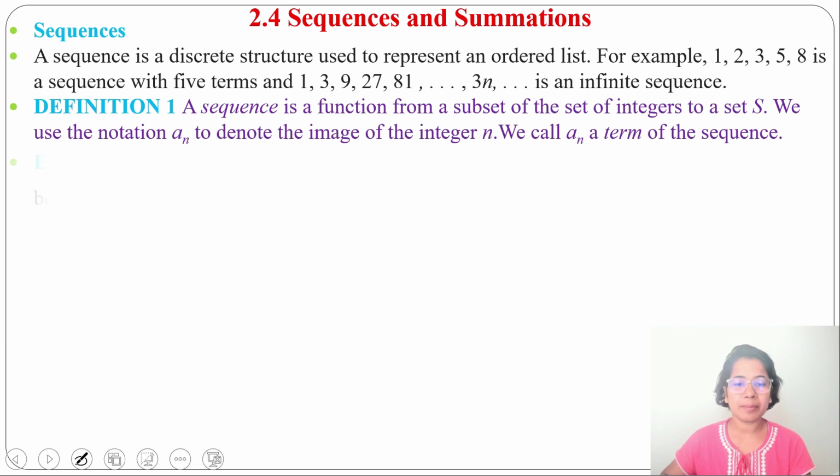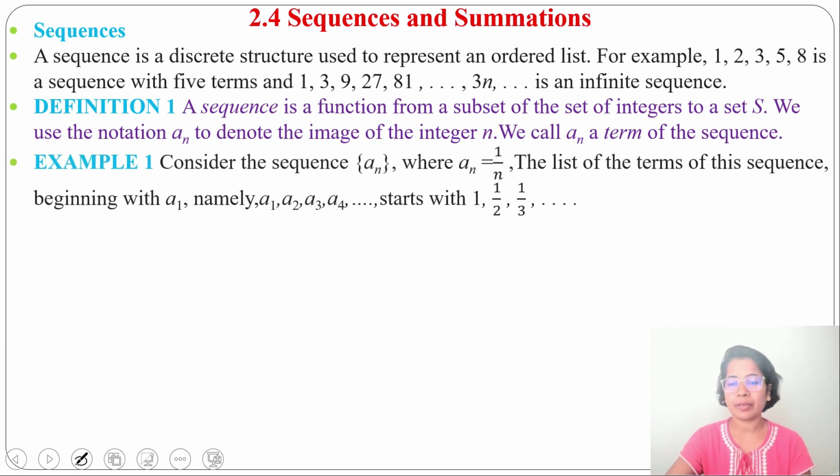Let's see one example of a sequence. Consider the sequence a_n where a_n equals 1 divided by n. So the list of terms in this sequence starts with a1, a2, a3, a4, a5 like this. a1 will be 1 divided by 1, which is 1. a2 will be 1 divided by 2.